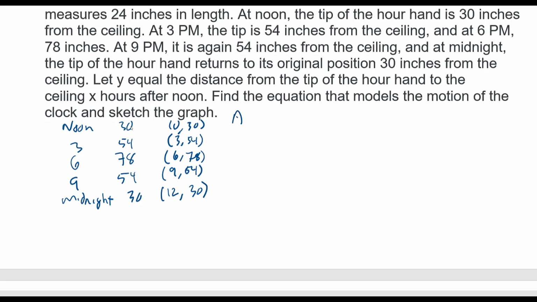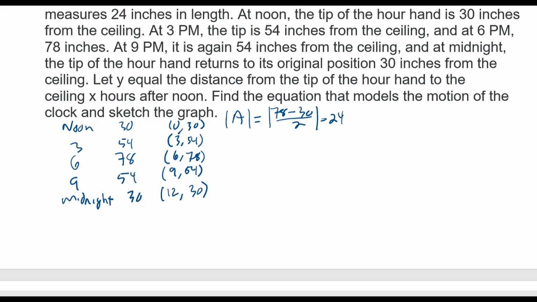So our amplitude is going to be the biggest number, 78, minus 30, over 2. That's going to give us 24. Every 12 hours is the period it's going through.